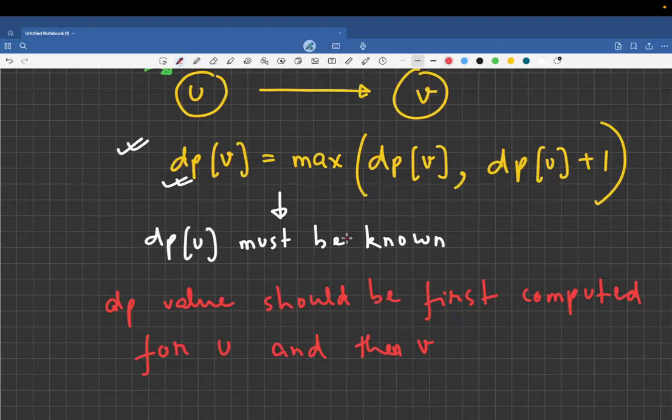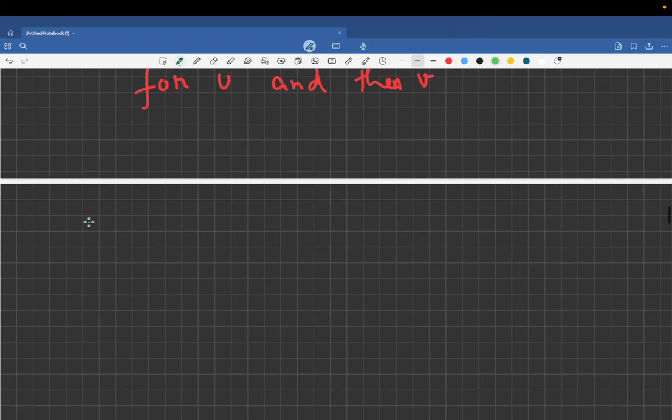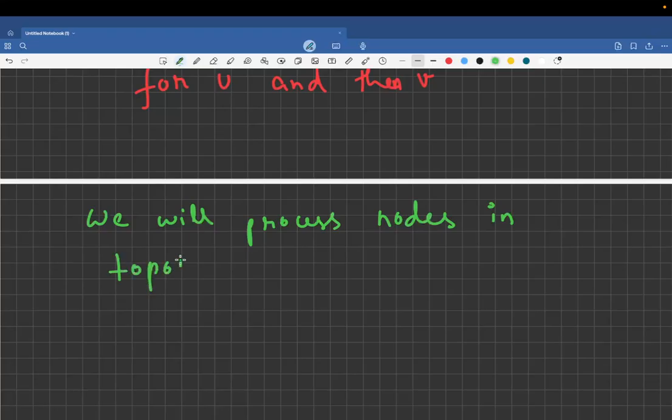This is understood. Now from this, can you guess the order in which we are going to compute the dp values for the nodes? Can you guess, guys? Yes, I hope many of you guessed it right. We will process nodes in topological sorted order.